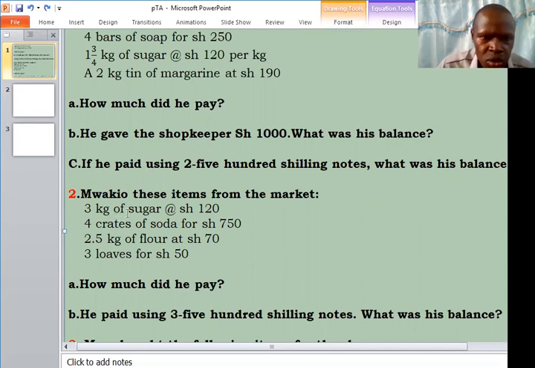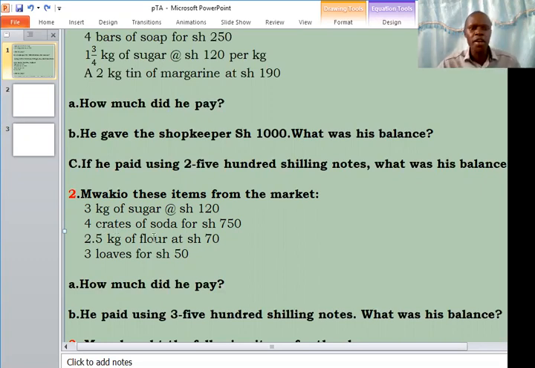"At" is here. Are we going to multiply or we don't multiply? We are going to multiply the number of kilograms bought by the price of each kilogram. That means 3 times 120.